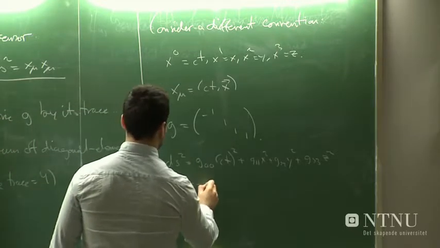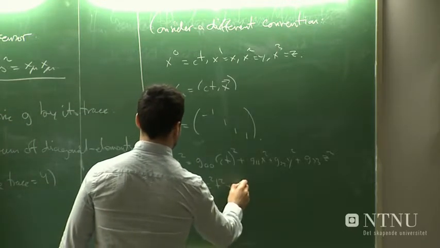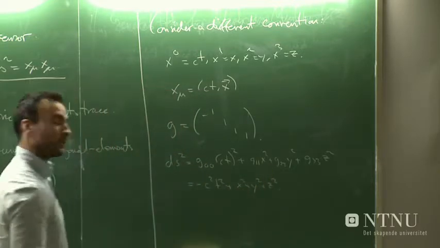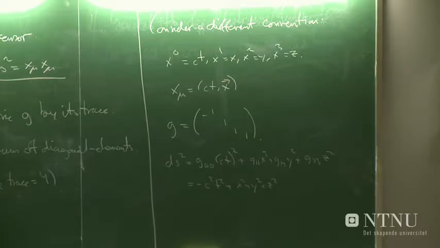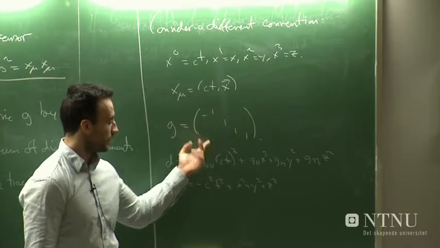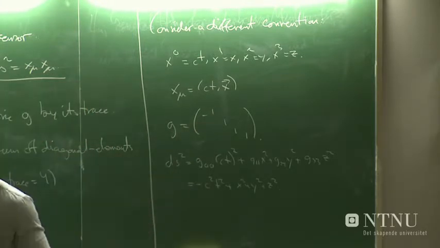So this is minus c squared t squared plus the spatial part, which is fine. So for this choice of the 4 vector, we need this metric to make the path element invariant. Is that the only metric that will do the trick? Actually, there's one more choice.